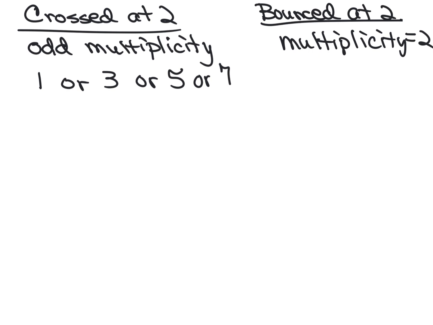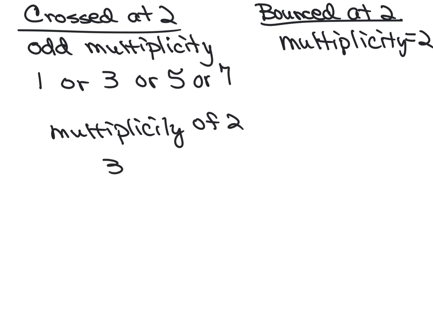That would mean that your multiplicity of 2 would be 3, which means that you would have 4 imaginary. This is when we're doing the odd multiplicity of 1.